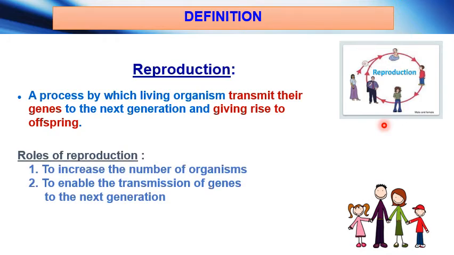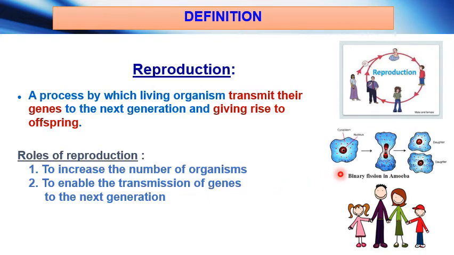Next, we look at the roles of reproduction. Number 1 is to increase the number of organisms, and number 2 is to enable the transmission of genes to the next generation.